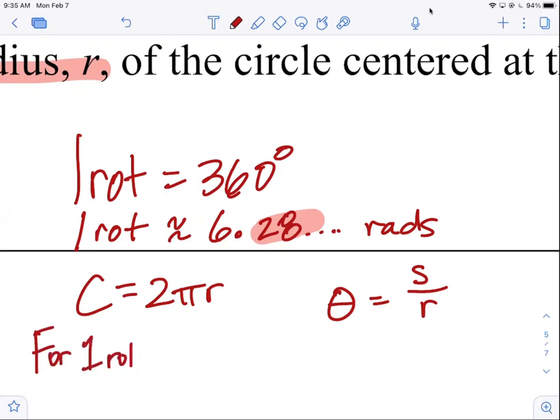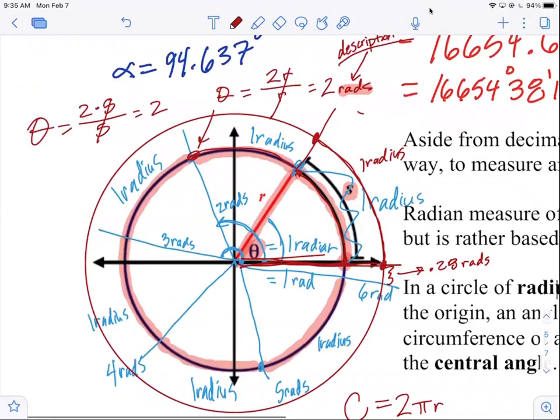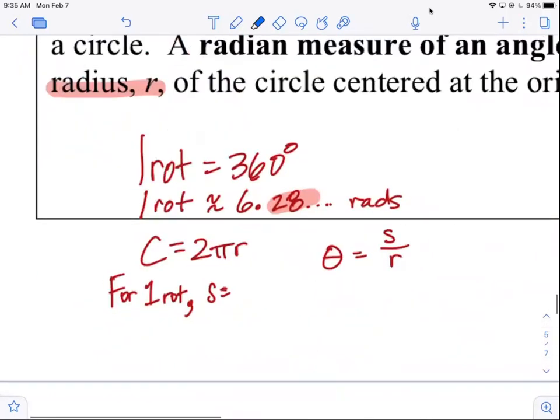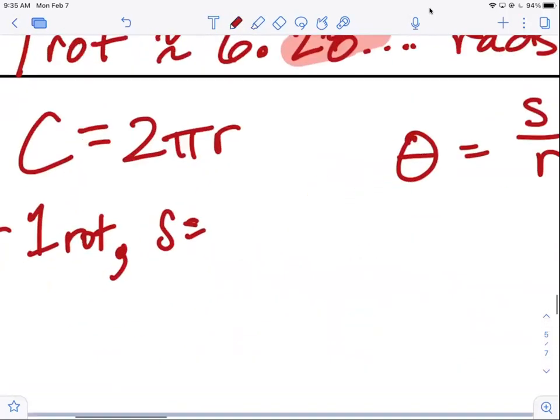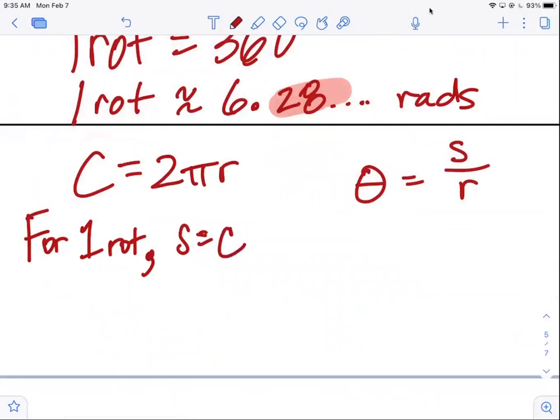For one rotation, the arc length S is equal to what? If you go all the way around, what do we call the arc length? It rhymes with circumference. Yeah, circumference. So for one full rotation, S is equal to C.